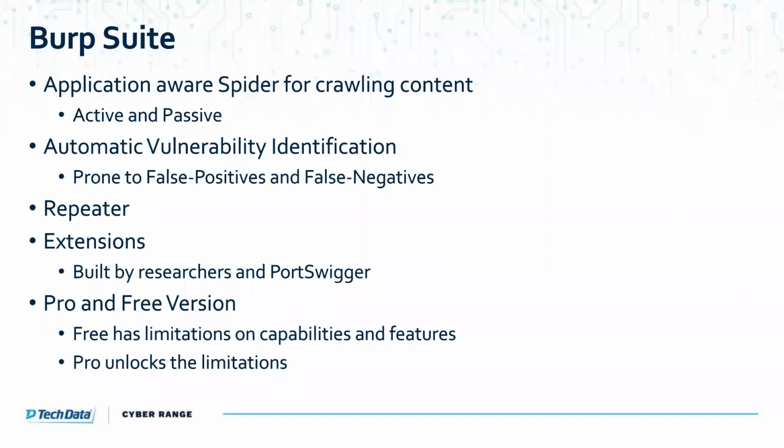If you ever look into Burp and read some of its documentation, PortSwigger does put out different blog articles about the types of extensions that are being used by researchers and what some people recommend and what's available. And as mentioned before, just to reiterate, there is a pro and a community version. The community version is free, but the free version has limitations on its capabilities and features that pro unlocks.